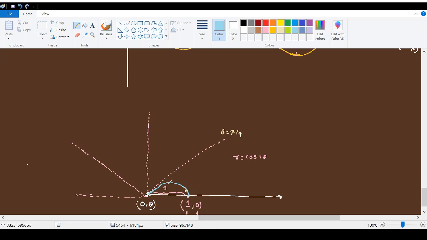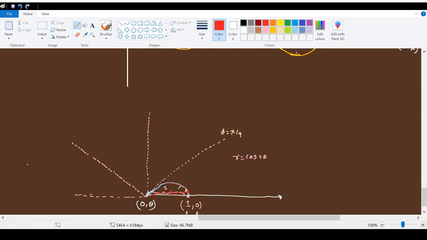If you take each and every point in this region and take the radius to that point, you can see the radius decreases, but the angle still increases.